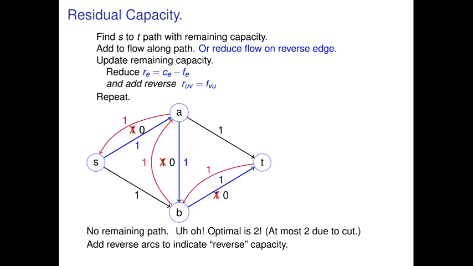So adding the residual arc really is giving you the opportunity, when you push a flow into here, to get rid of it by removing the flow that came from here and making it start there. Okay, so that's what the residual arc is capturing. And then you route along this, and now when you update everything, you get the solution that you all saw at the beginning.